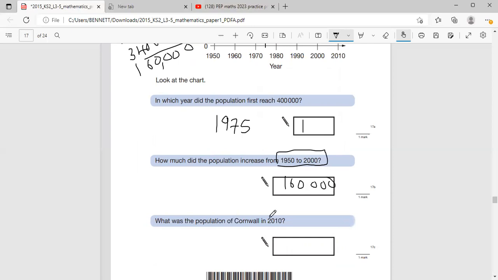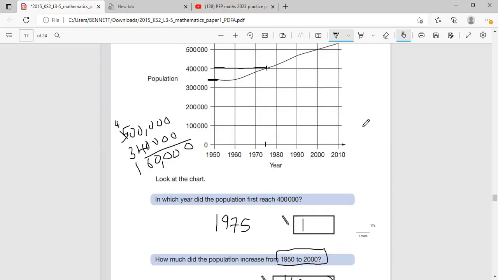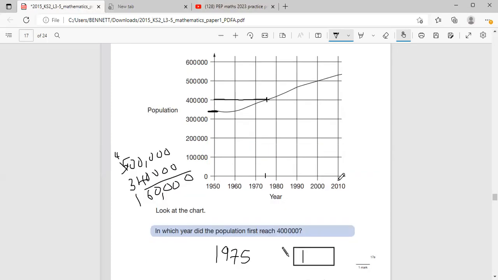What was the population in Cornwall in 2010? Let's look for 2010, and then we get the reading. Again, this is going to be pretty close. I can estimate. If you had a ruler, you could actually measure it on the paper. As you can see, halfway is about here. So 1, 2, 3, 4, these are 5s. So this will be 525,000.